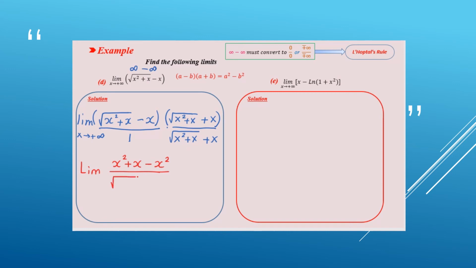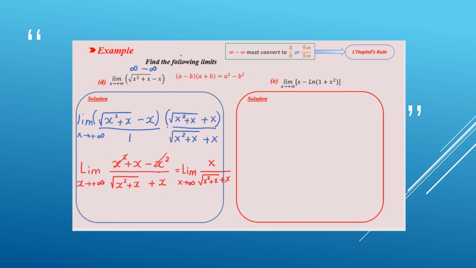So we have square root of x squared plus x when x goes to infinity. So x squared minus x squared equals 0, and we have limit x over square root of x squared plus x when x goes to infinity.